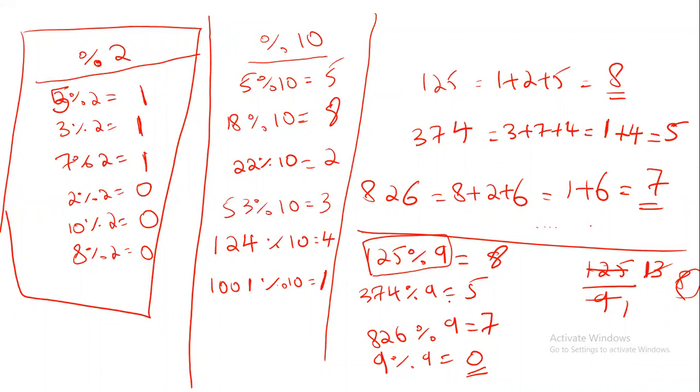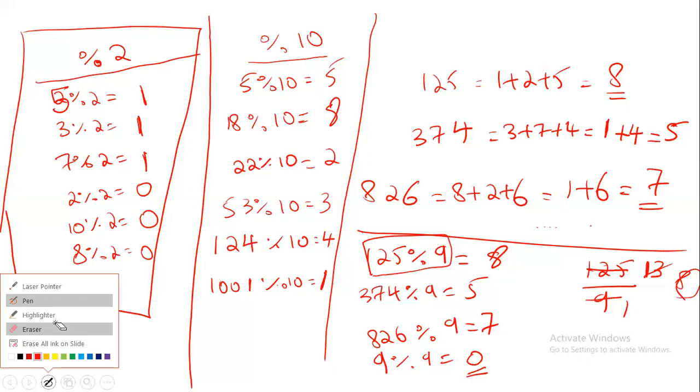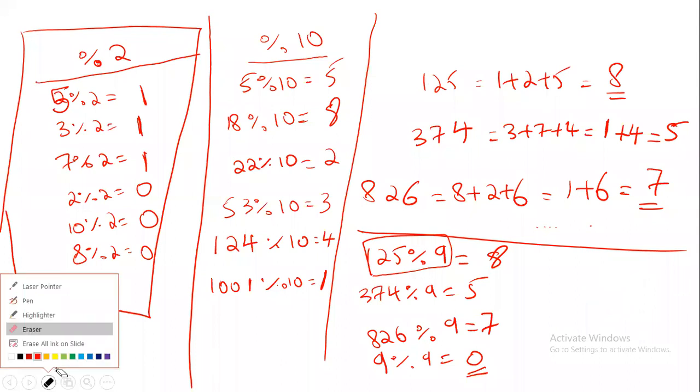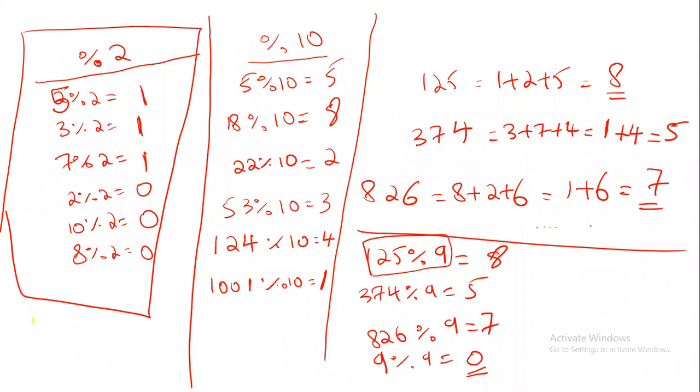Let's take one more example here. We'll do 2 plus 3 plus 4. 2 plus 3 is 5, 5 plus 4 is 9.